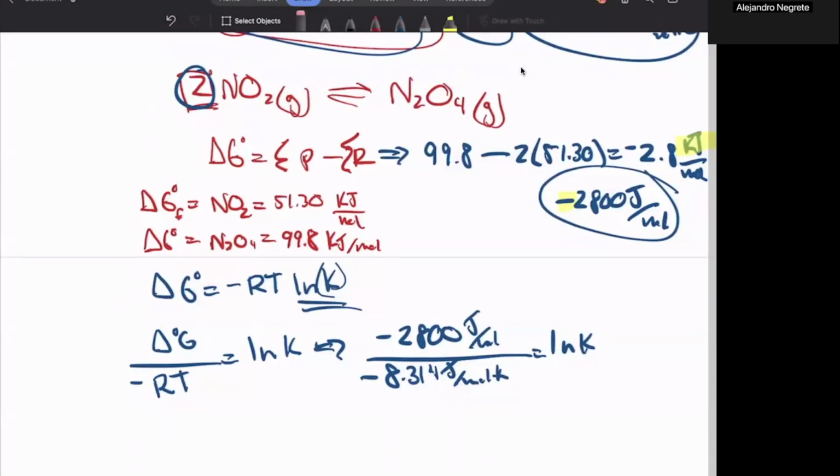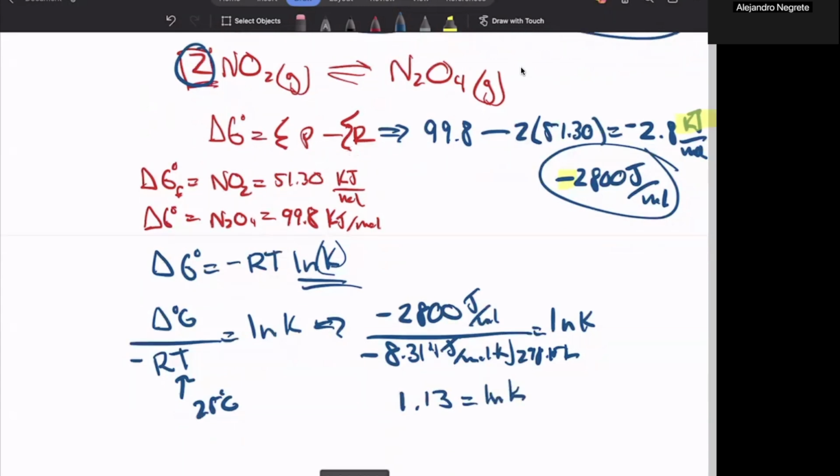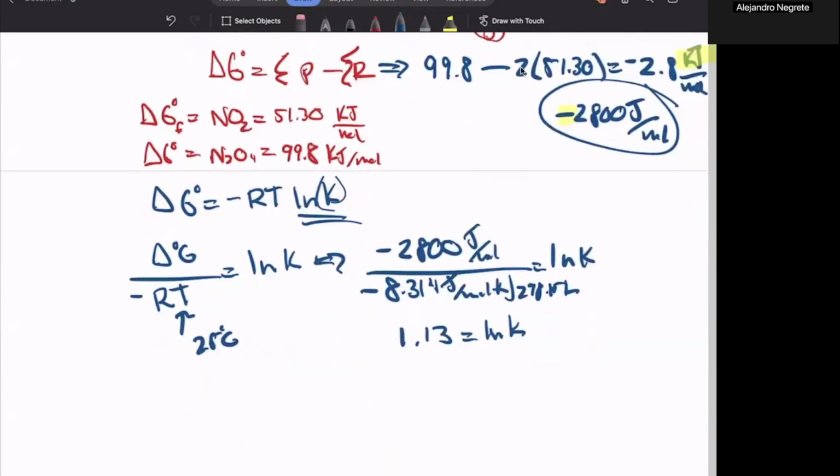So we have negative 2,800 divided by 8.314 times the temperature. Temperature is 25 degrees Celsius, so our temperature is going to be 298.15 Kelvin. This is going to equal 1.13, which equals the natural log of K. So math skills are needed.